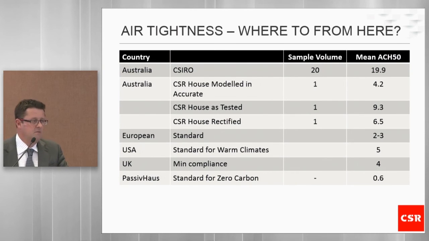We have done some testing of what you would call targeted sustainable project home buildings, and they came in at around about an ACH 50 of 10. That was without anything significant. It was just good quality construction targeted at a more sustainable customer base.